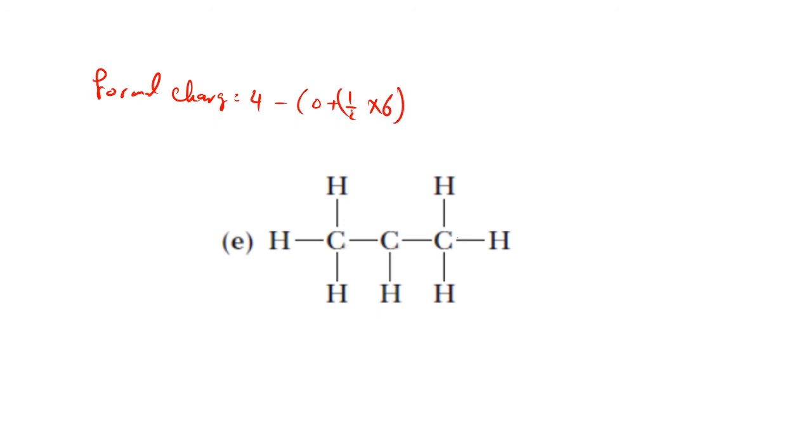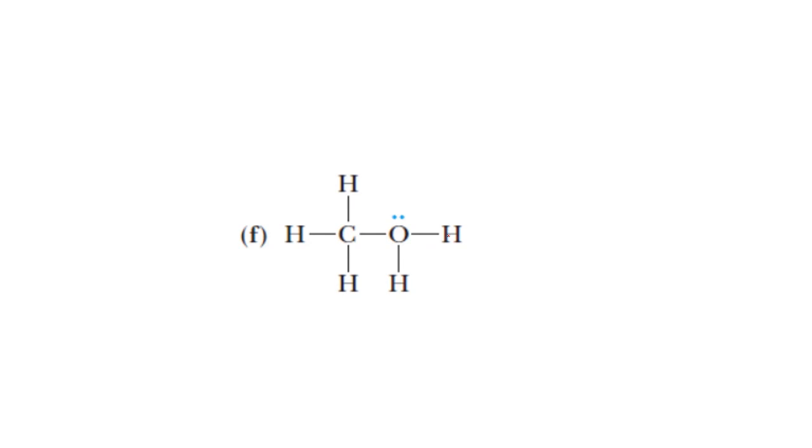This means I have 3 minus 4, which is equal to plus 1. So I should write plus above this carbon.